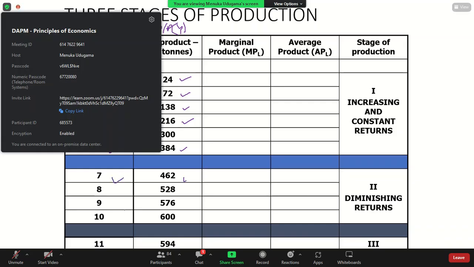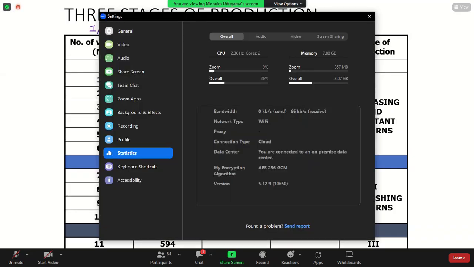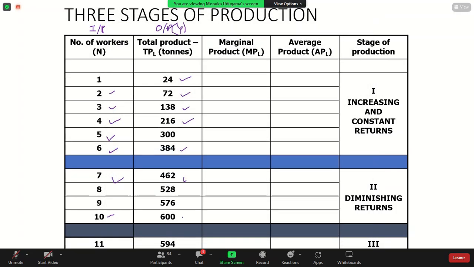product keeps increasing. But when you employ the 10th worker, the total output is 600. And when you employ the 11th worker, the total output has gone down.